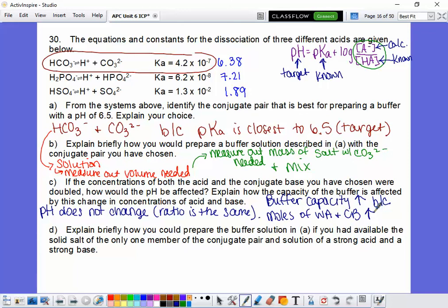Now, going back to our lab, what concentration of weak acid do you have available to you? 0.1 molar. Do you think you should dilute that at all? Knowing that a higher concentration of solutions in your buffer leads to a higher buffering capacity, meaning it can neutralize more of your strong acid or strong base that's invading, do you think you should dilute your weak acid?